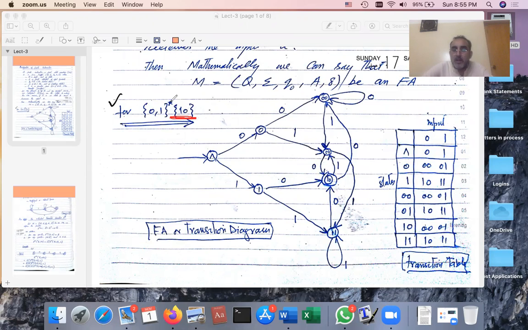This FA is quite okay, but maybe some of you have a confusion over it, because this arrow is representing the direction towards the initial state. So this is our initial state.